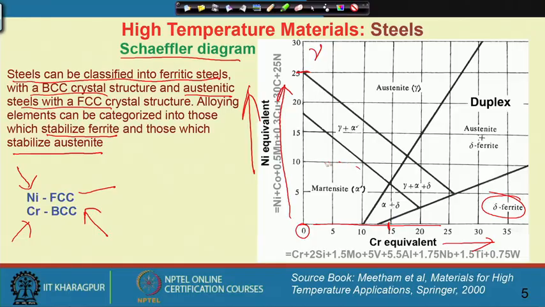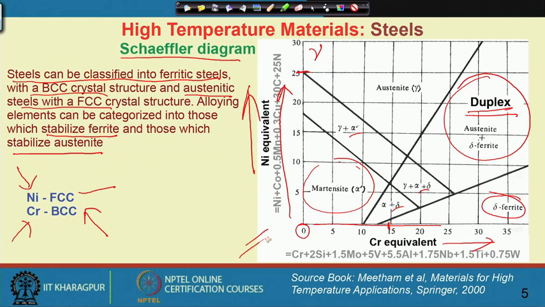However, on the lower side we will get martensite. And these are the domains which overlap between two different phases, where a particular domain at high nickel and high chromium containing steels is often called duplex steel.